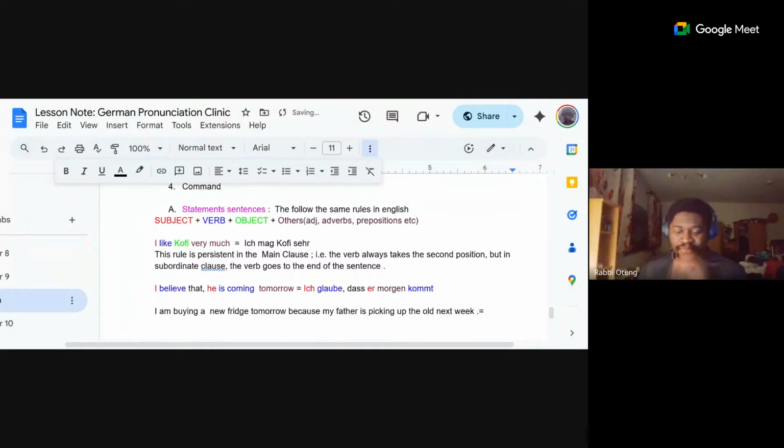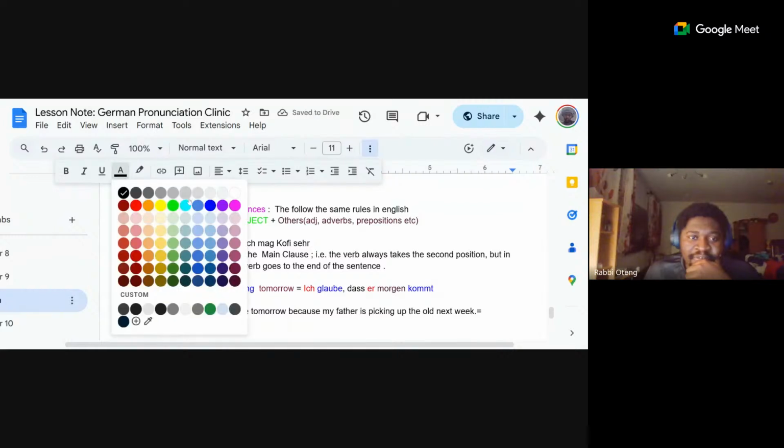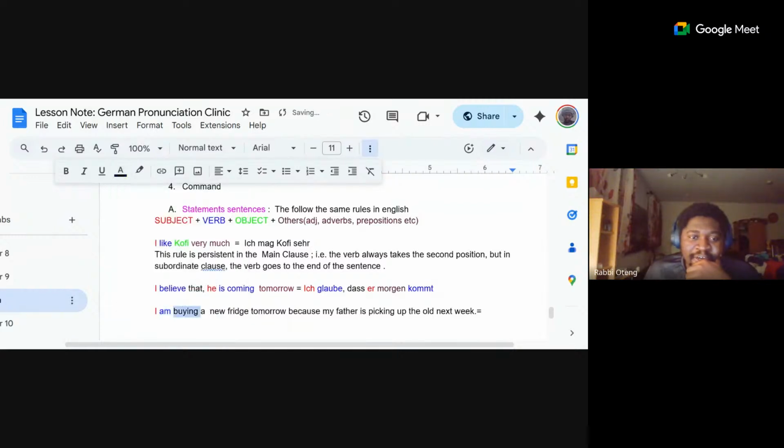Clear? So in this sentence, we have our subject, which is I. Our helping verb, then the main verb is buying. Our direct object: what are we buying?